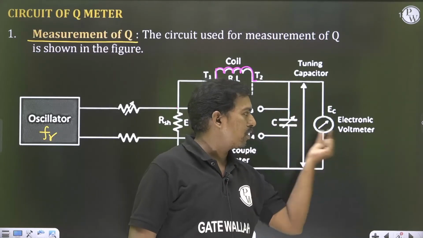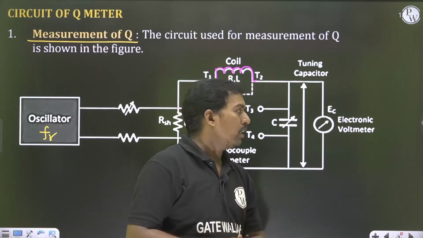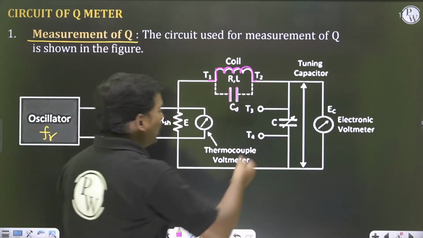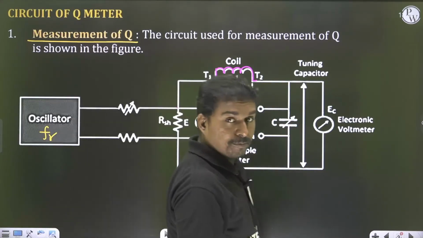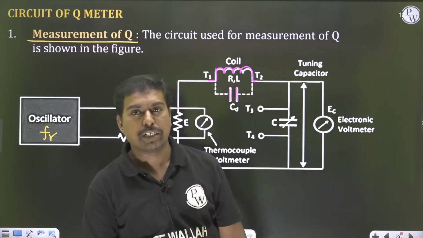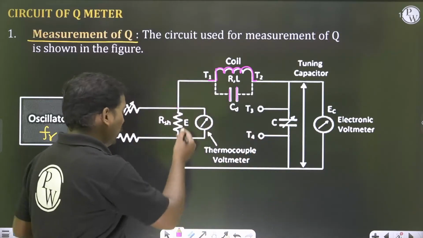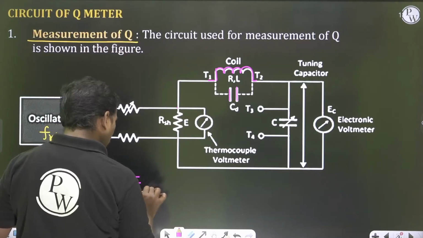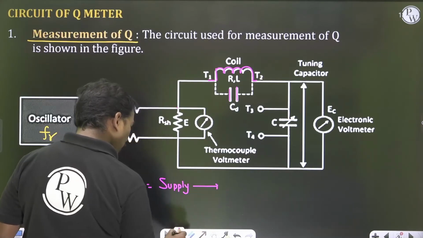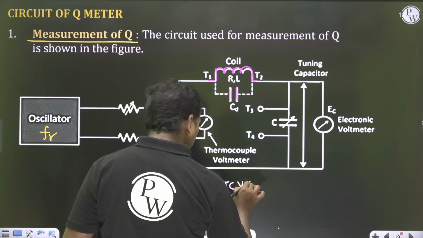This voltmeter is called the electronic voltmeter, and that reading is EC. This voltage I am going to take, and if I take the ratio of these two, EC is equal to Q times E, as you have just seen. The voltage across the capacitor and the applied voltage E, the supply, you are going to get from the thermocouple based voltmeter.